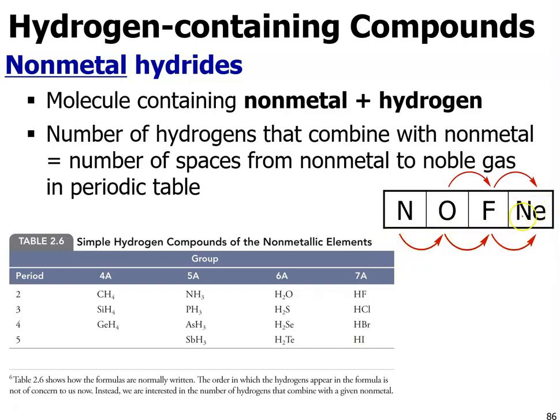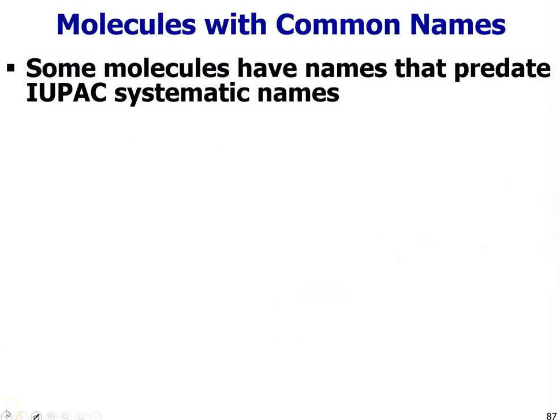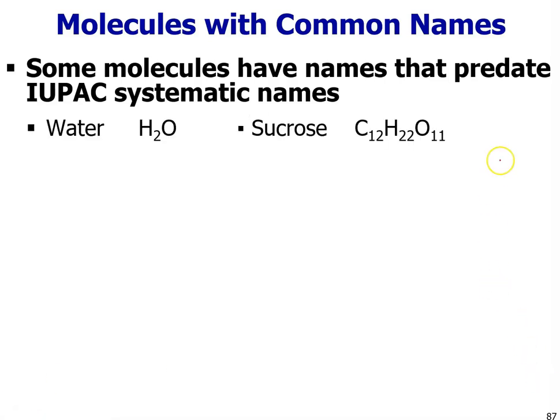There's an international way that we look at naming, and it's this nomenclature system. Obviously, there are things that existed on Earth before we created this nomenclature system. That was very common, that we had names for already, like water and sucrose.